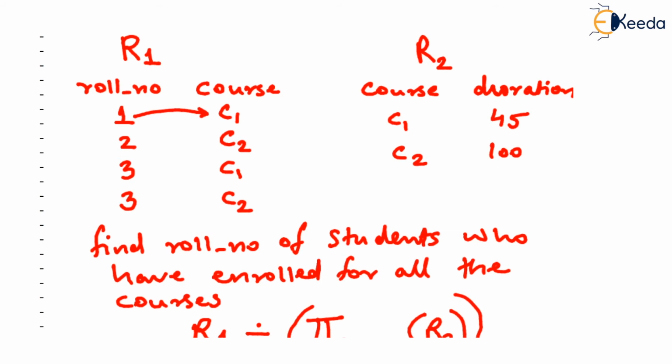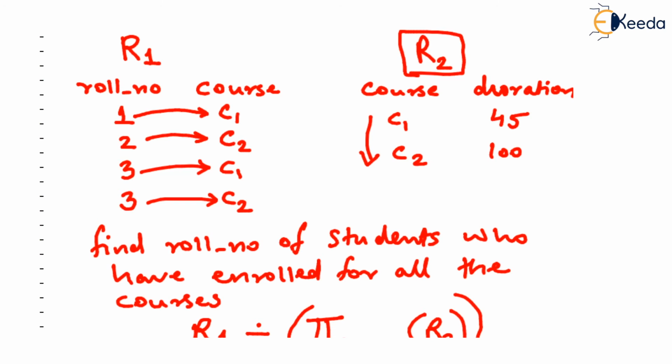Roll number 2 has enrolled for course C2, whereas roll number 3 has enrolled for two courses, C1 and C2. Good. But which courses are offered by our institute? There is another relation R2 which has course names. So C1 and C2 are all the courses offered.